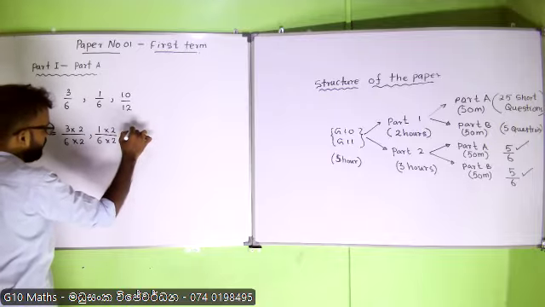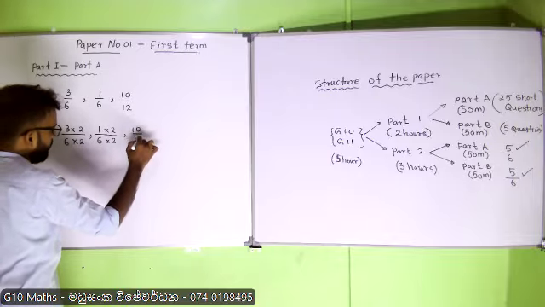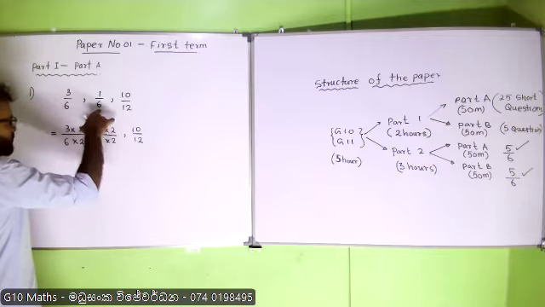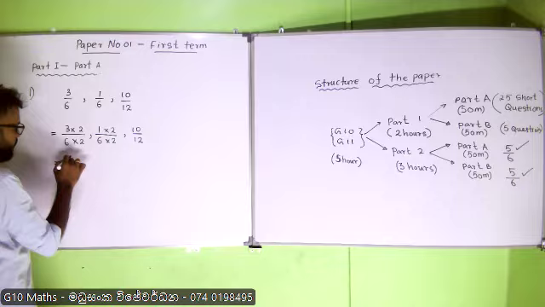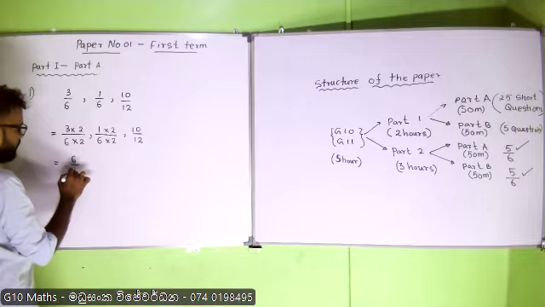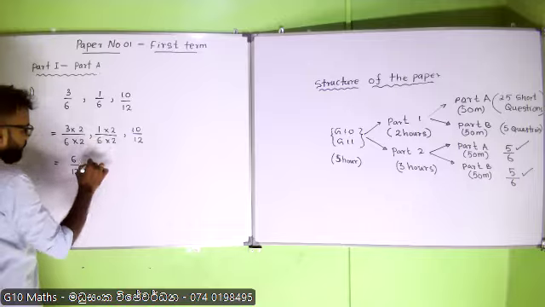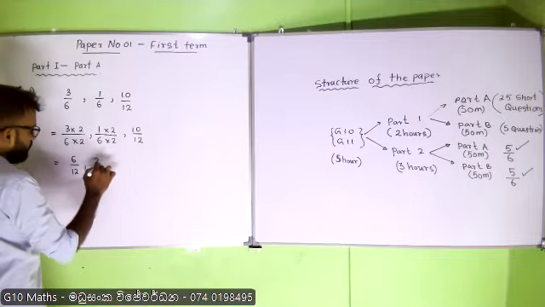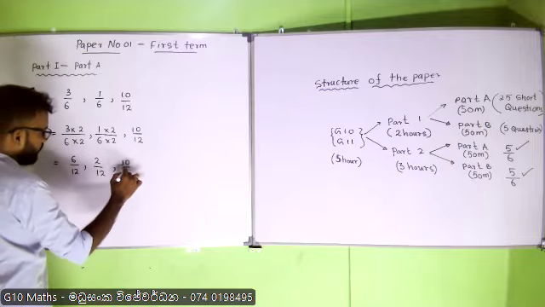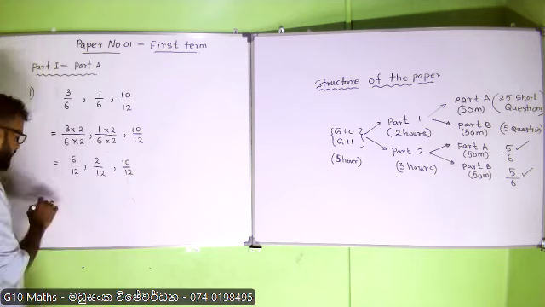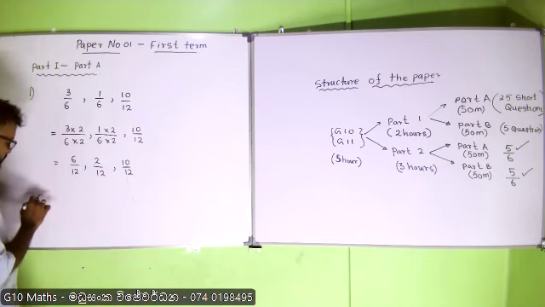This is already 12, so it doesn't matter. So in the numerator you have 6 over 12, then 1 times 2 means 2 over 12. Now this is already 12: 10 upon 12.